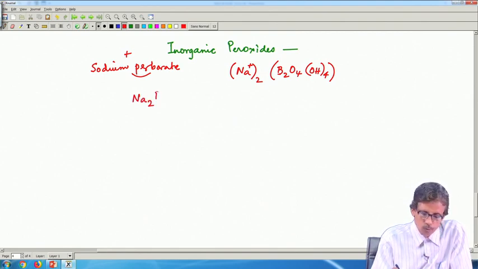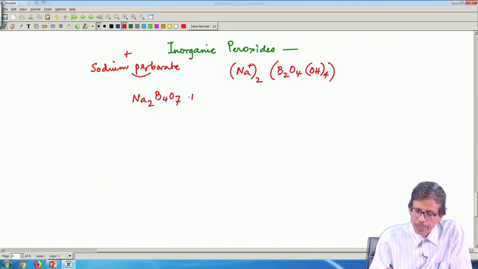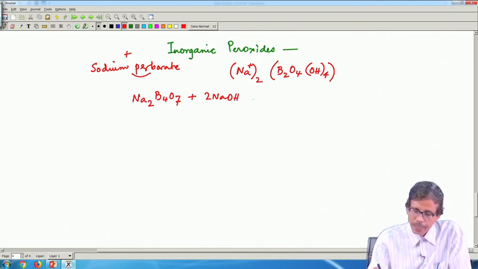borax, Na2B4O7, when it reacts with sodium hydroxide at 90 degrees centigrade.